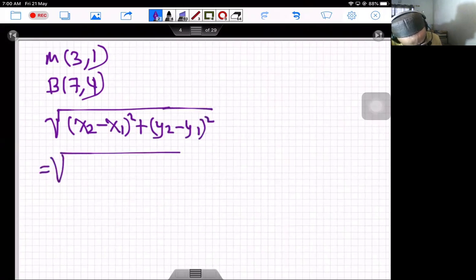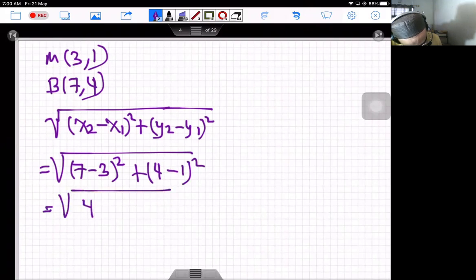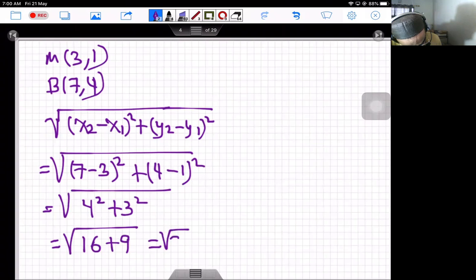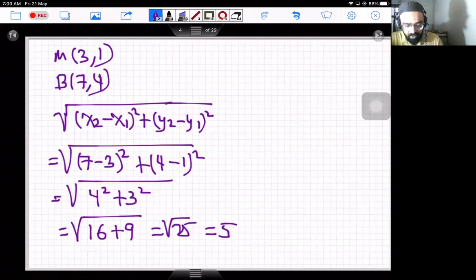So this is (7 minus 3) squared plus (4 minus 1) squared, which is 4 squared plus 3 squared, which is 16 plus 9, under root of 25, which equals 5. This is the radius of the circle.